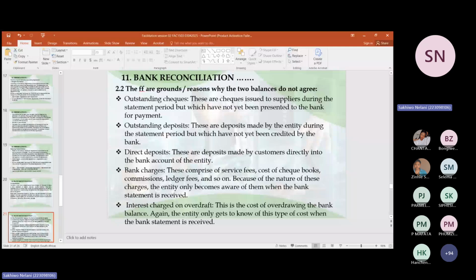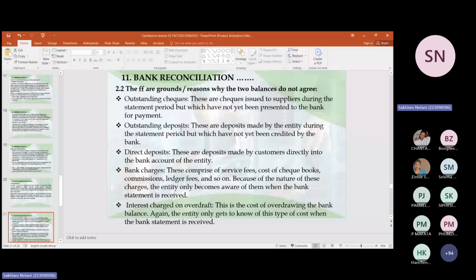Your direct deposit, like insurance, does not deduct the money from the business books, but it goes directly to the bank account of the business and makes some deduction of the amount that will be equated to the agreed insurance.